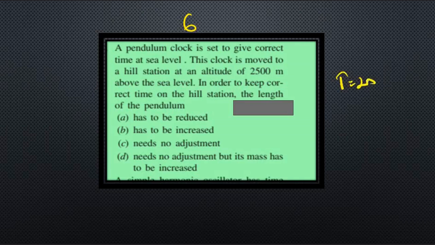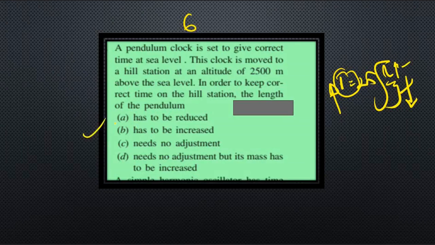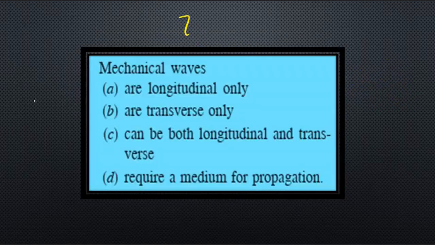T equals 2 pi root L by g, same here. When it goes up, the acceleration due to gravity will be reduced, so the time period will be increased. So to decrease the time period, we have to increase the length. So the length of the pendulum has to be increased. B is our answer.